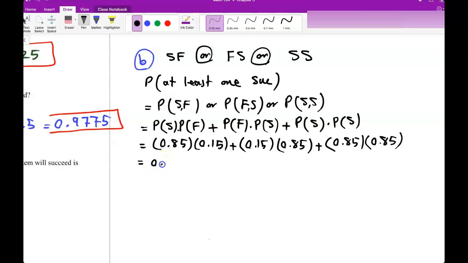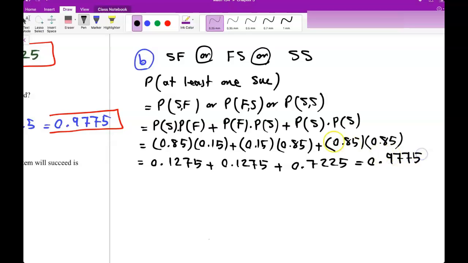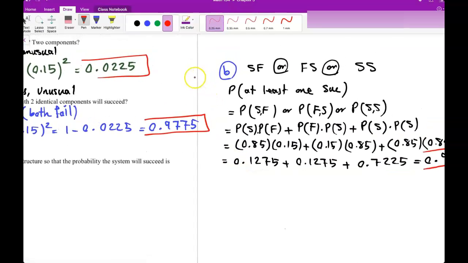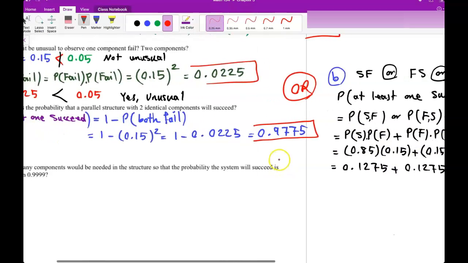So here we have 0.1275 plus, same thing here, 0.1275, plus 0.7225. So add all these, the answer is 0.9775. So we got exactly the same answer, but we have more steps here. So use that one or this one. Obviously, this is harder to find.